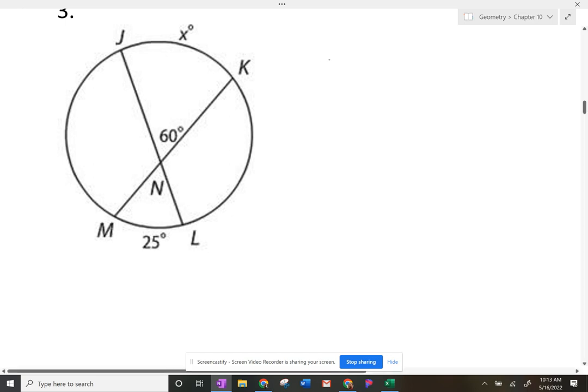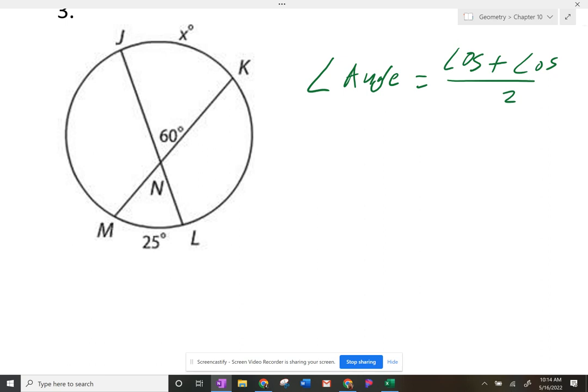All right, so remember, if we want to try to find that central angle, it's going to be one of the outside angles plus the other outside angle, divided by 2. That's the formula, right? Just that we had before. Well, here's where things are getting weird.